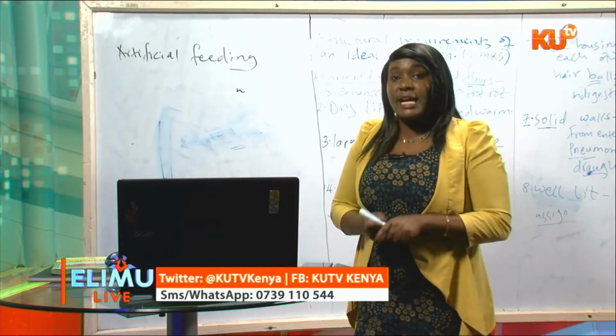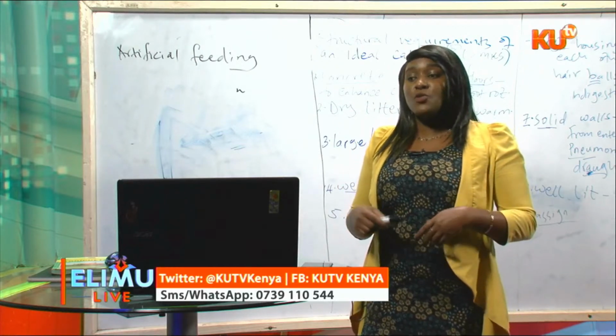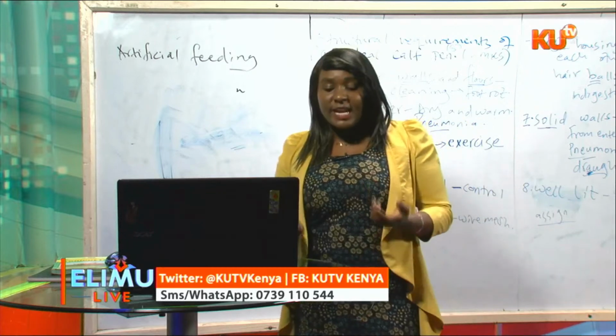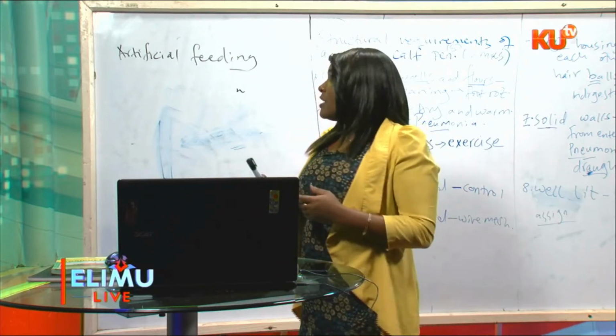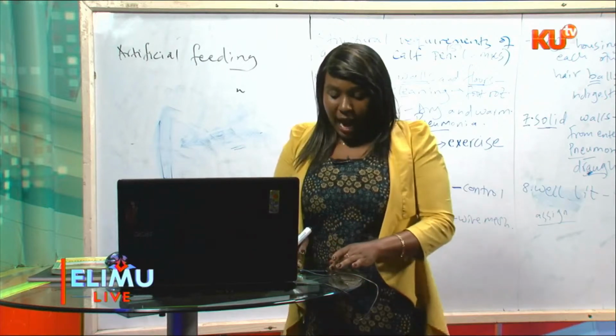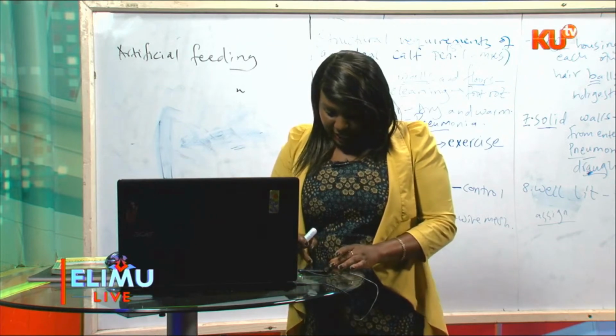Maybe the cow that gave birth to that calf has died, or maybe you have bought a calf that is very young and still needs to be given milk. How do you as a farmer feed that particular calf? That is what my friend here is asking.